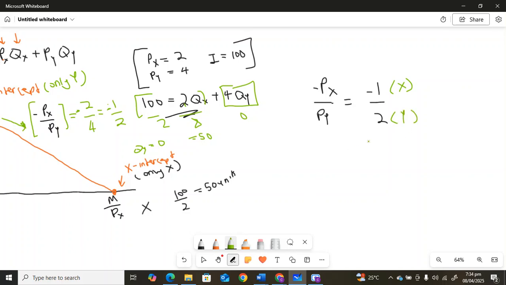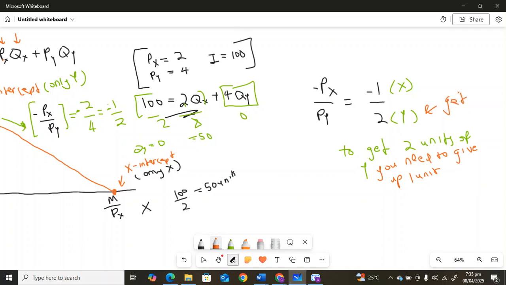So what this slope is telling us is, to get 2 units of y, you need to give up 1 unit of x.